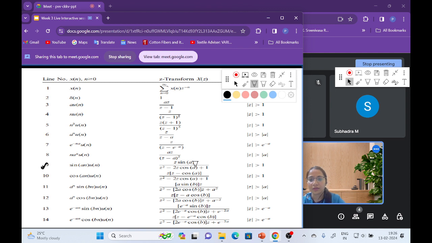Okay. So which formula will be applicable here? This one, that is in the form of e to the power minus a n cos d n u of n. So write down this one.